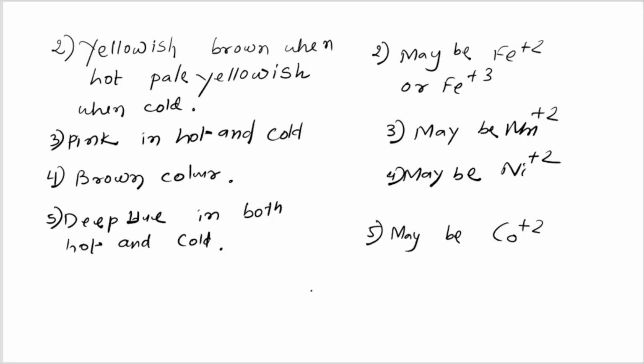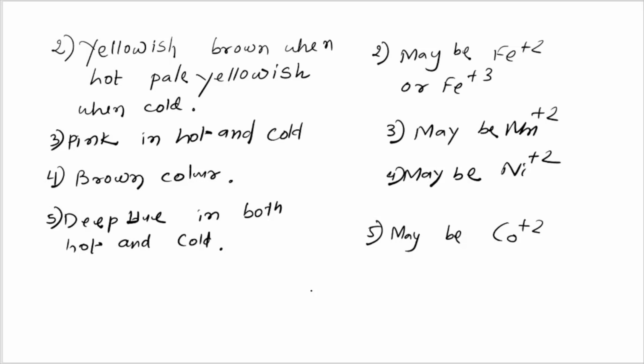See here, in the borax bead test, borax powder and platinum wire are used, and on the loop one transparent bead is formed, touched to the salt and heated in the oxidizing flame. A different color is observed. From this color you can say what the basic radical may be.